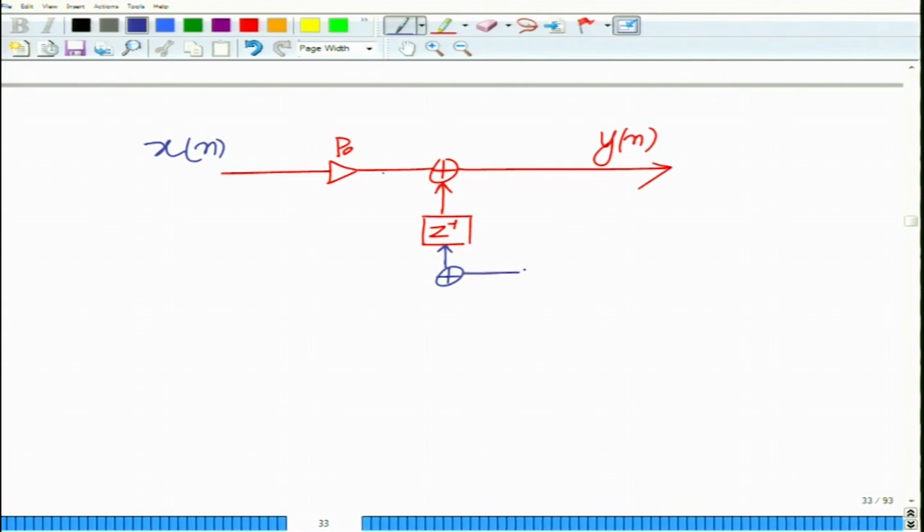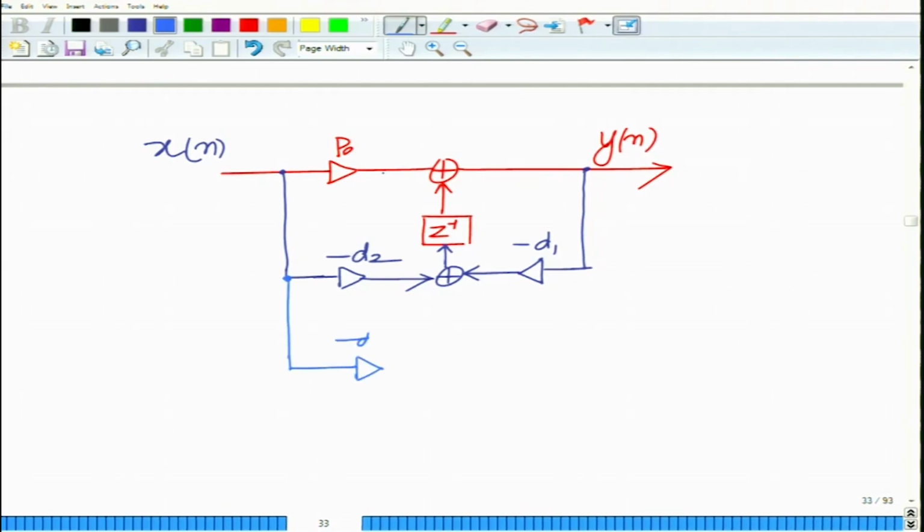and from this you will have minus D1, and here you will have minus D2, and this one is minus D3.